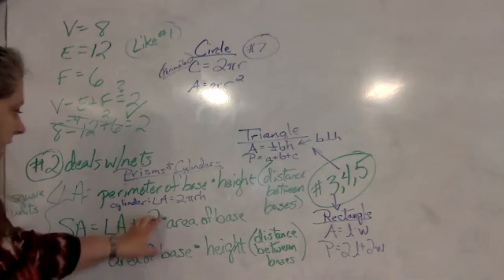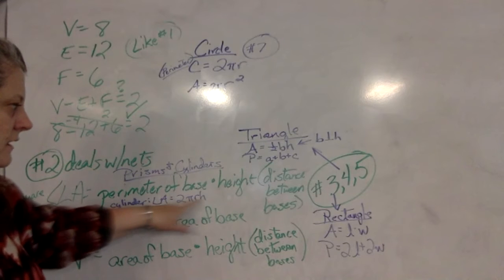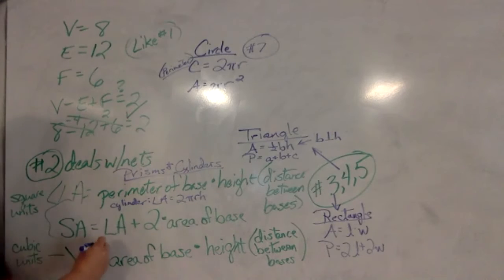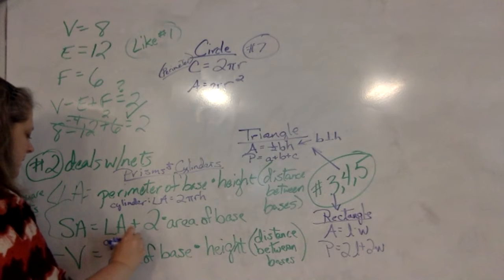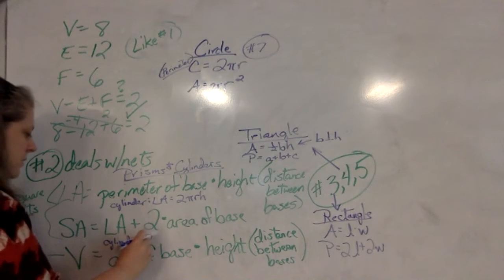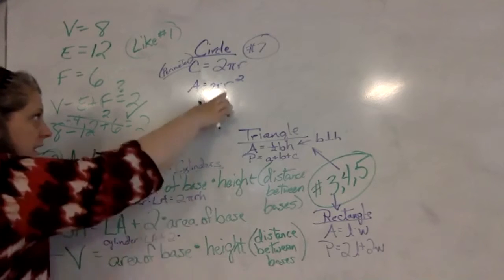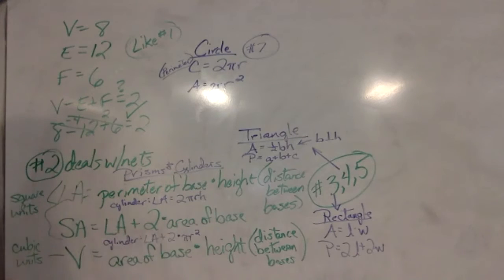Because it's the perimeter of the base, which is its circumference, times the height of the cylinder. So for the lateral area, we said it was 2 pi r h, so we have that answer. And then we're adding it to 2 times the area of the base, but the area of the base is pi times the radius squared. So it's still doing the same thing.